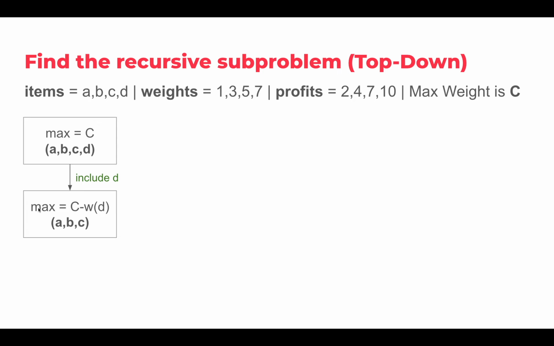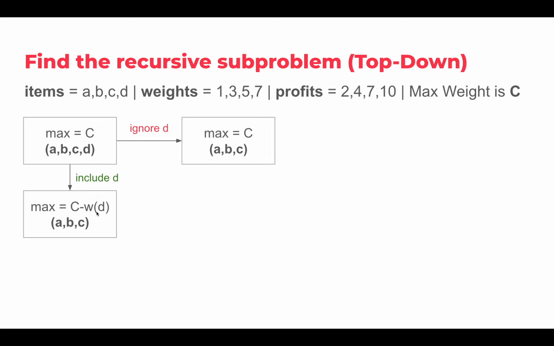So keep in mind the maximum weight reduces after including D in the knapsack, and also the number of items I'm working with, I'll only be left with ABC. So I'm going to be calling this function again to maximize the maximum profit I can get from this 0-1 knapsack when I only have ABC as my items and the maximum weight is C minus the weight of D. So that's the first layer.